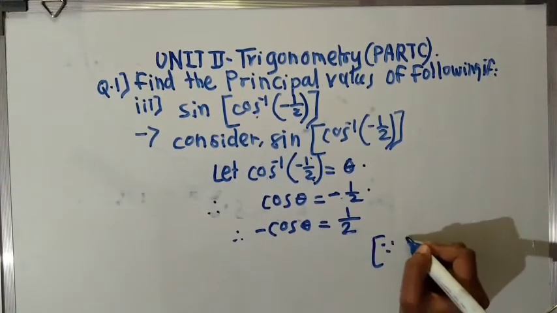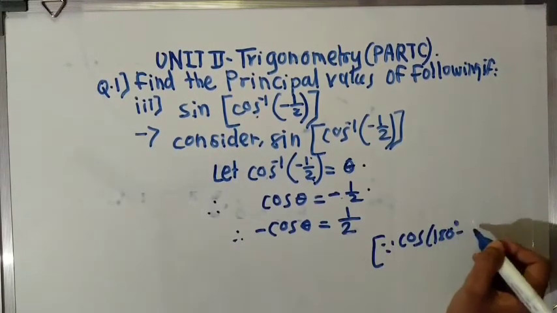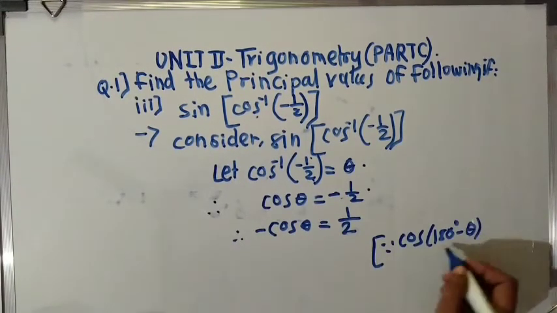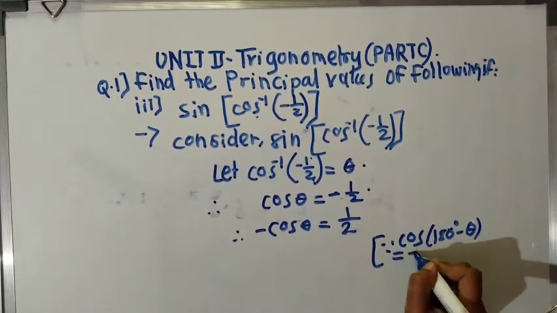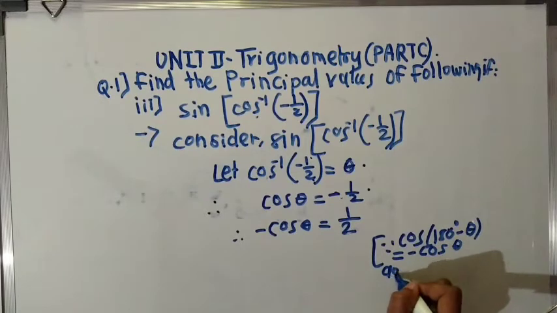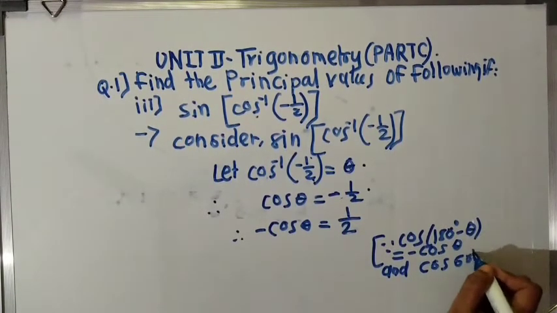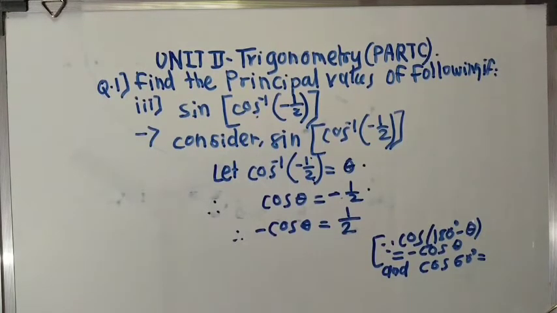But we know that cos of 180 minus theta is equal to minus cos theta, and cos 60 degree is equal to 1/2.